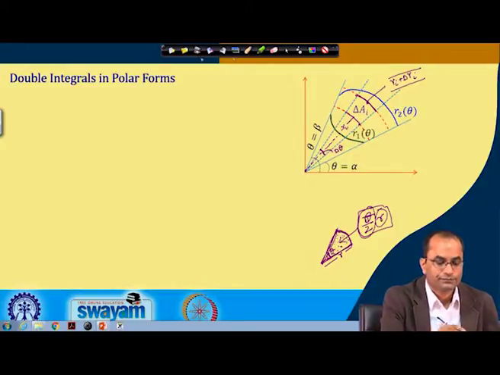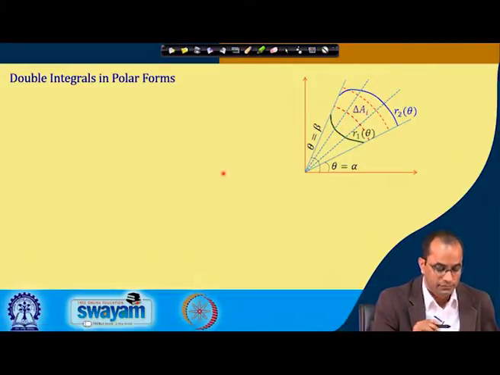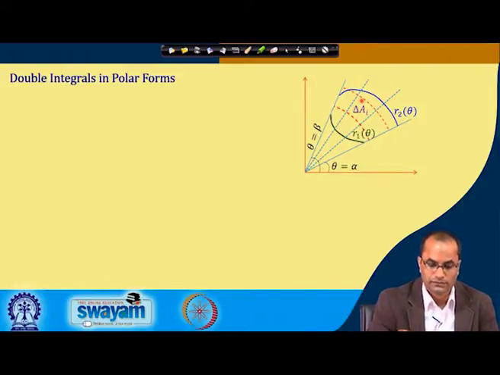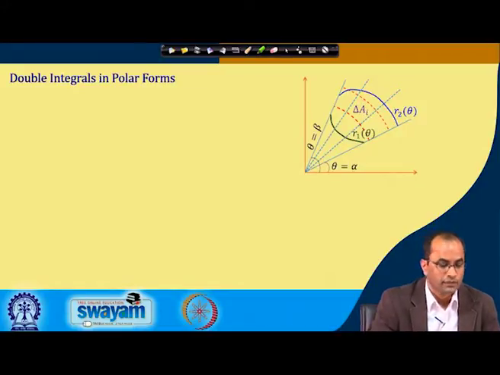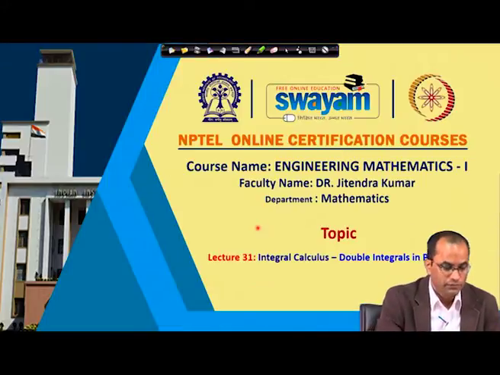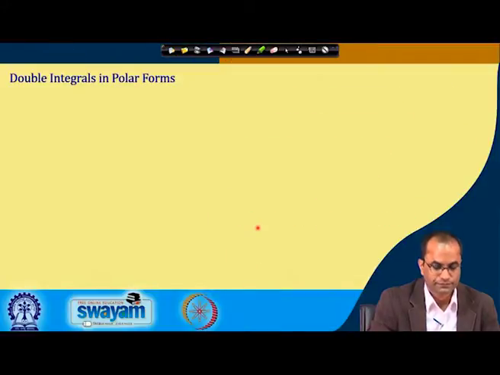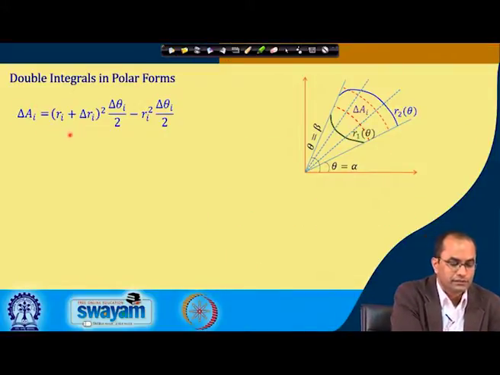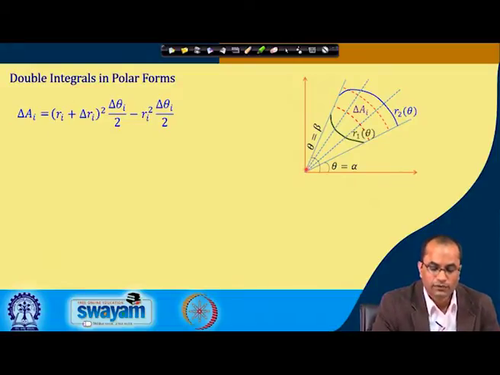So, let us try to compute the area of this small part of the domain, which is denoted by delta A i. This delta A i is given by the area of the larger region up to the radius r i plus delta r i, from which we subtract the inner one.